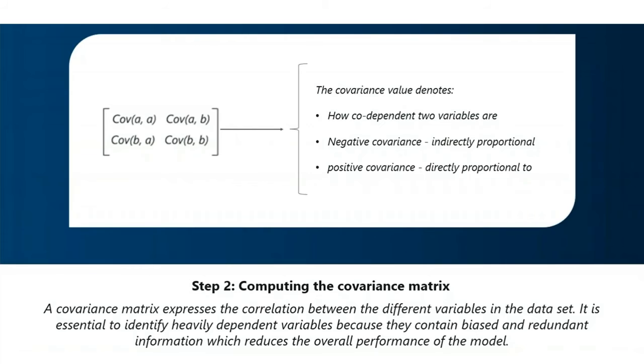The covariance value denotes how codependent two variables are. If the covariance is negative, the two variables are inversely proportional. If the value is positive, they are directly proportional. This is how we find the covariance matrix.